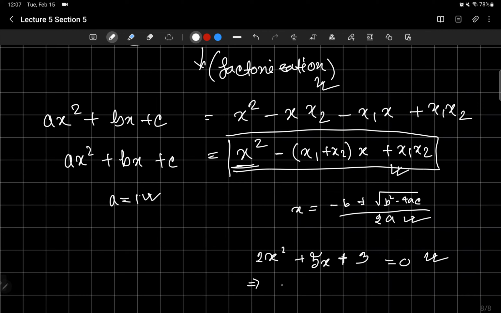Just look at this thing. 2x squared plus 2x plus 3x plus 3. From there, you can understand what you can take. Can anyone tell me what you can take? Just take a 2x common. That's it.